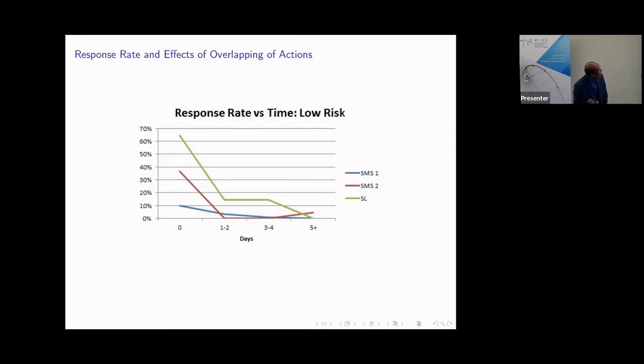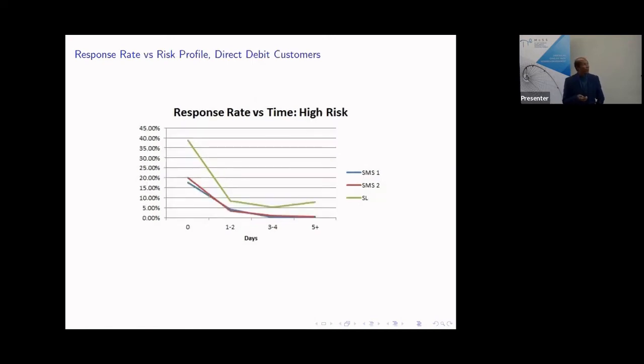On SMS1, most of the people will go and make payment, not calling the call center, only 10%, and SMS2 is about 35%, and the other is above 60%, and so on. And if I take the high risk one, you will see that for SMS1 and 2, most people will not reply, and then when you go to soft lock, it's about 40%, and so on.